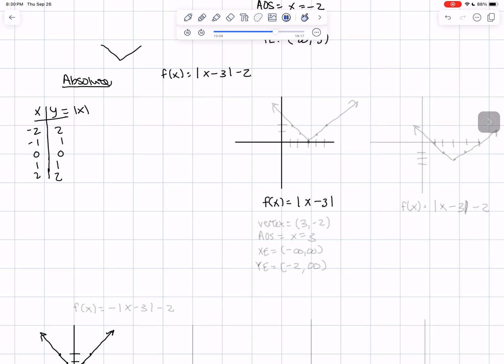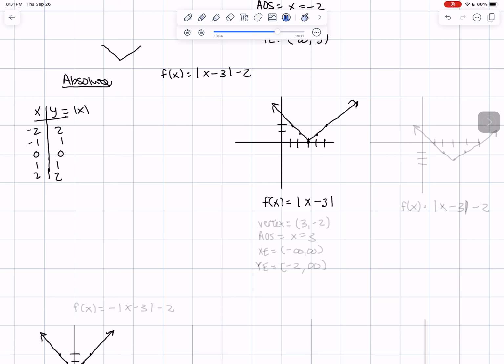Okay, so if it's minus 3, it means I'm going to go right 3, because we're going positive, the opposite of that. So if I go right 3, 1, 2, 3, we'll end up right here. So we just went right 3.